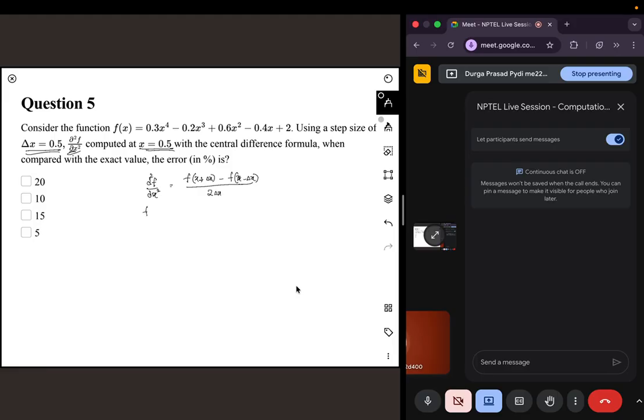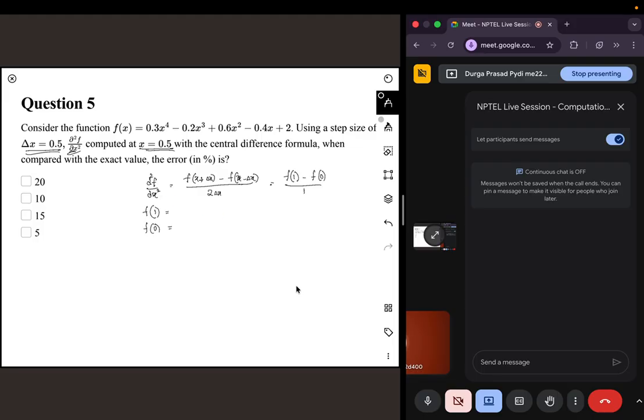So we need to compute the value of f of x plus delta x, which is f of 1, and f of x minus delta x, divided by 2 delta x, which is 2 into 0.5, which is 1. You should quickly compute these values. This would be one way.